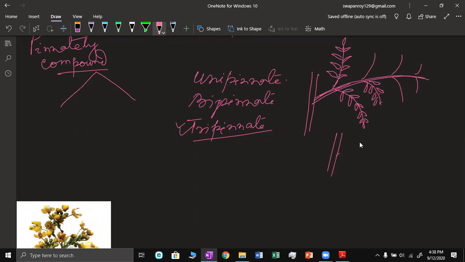Say this is the first level, second level, and this secondary branch also has tertiary branching, and the leaflets are attached here.